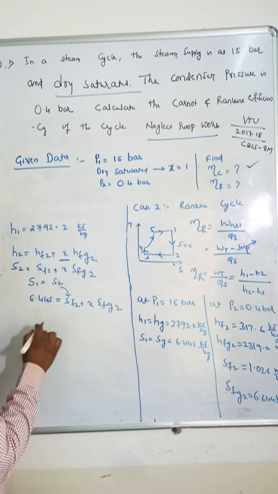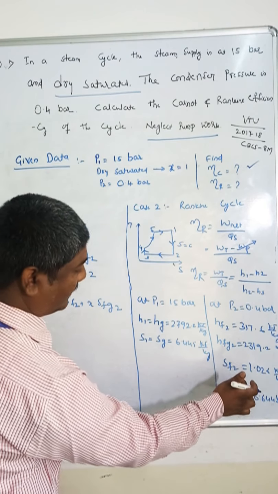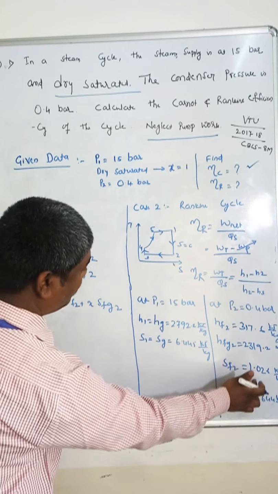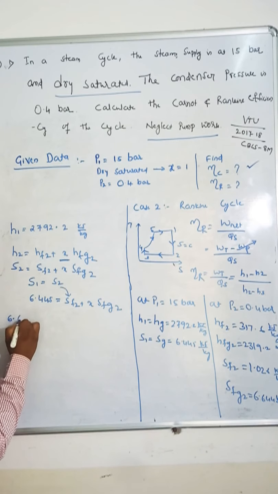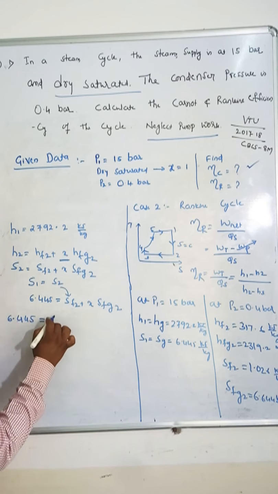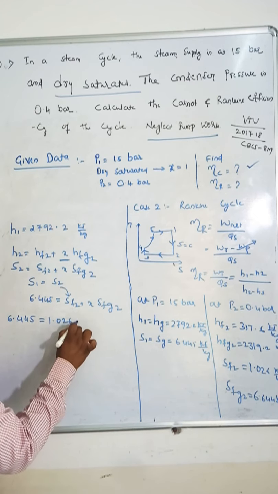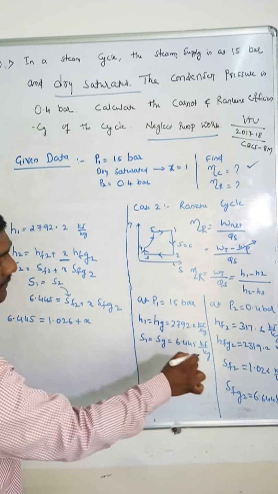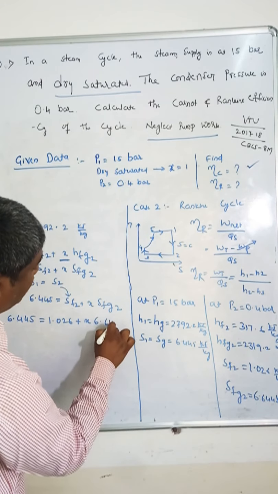This value is given here, and SFG2, both the values are given. So 6.445 is equal to 1.026 plus x into 6.644.